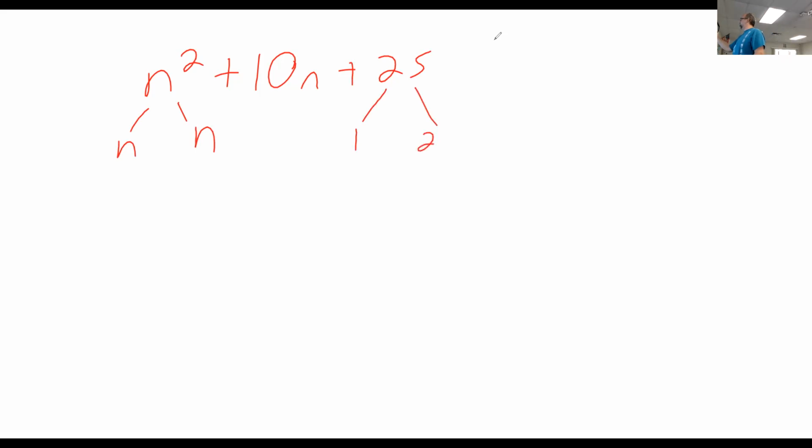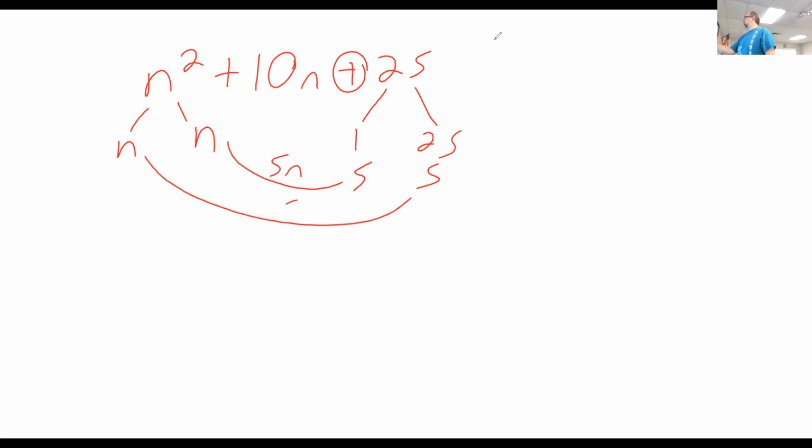So it can be 1 and 25, or 5 times 5. Then you look at the last sign. You see it's a positive. So it looks like we go to 3a. If the last sign is positive, you add to get to the middle. So you go 5n and 5n. You add them together, 5n plus 5n gives us 10n.